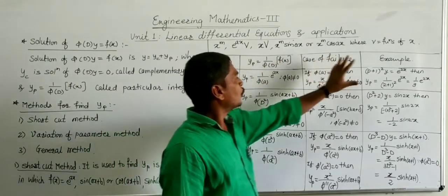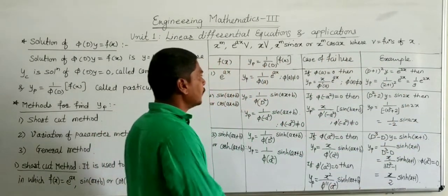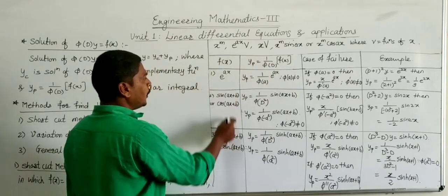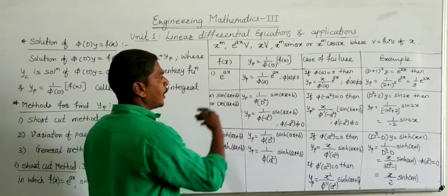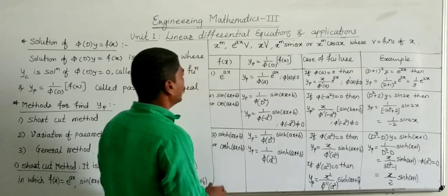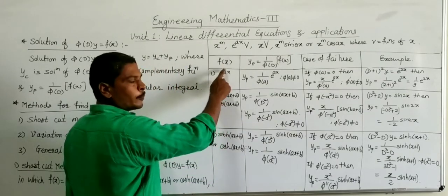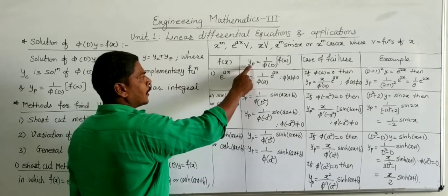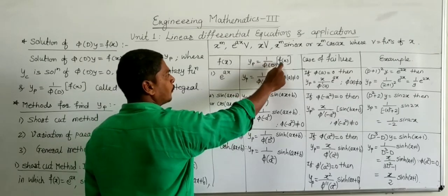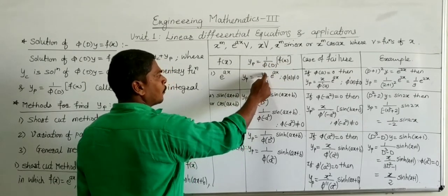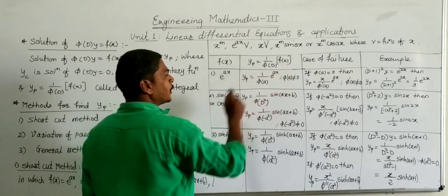So this is a chart of the shortcut method. Here I have written three standard functions and their shortcut methods. First, f(x) is e raised to ax. In that case yp, that means 1 upon phi(D) into f(x), becomes 1 upon phi(a) into e raised to ax.